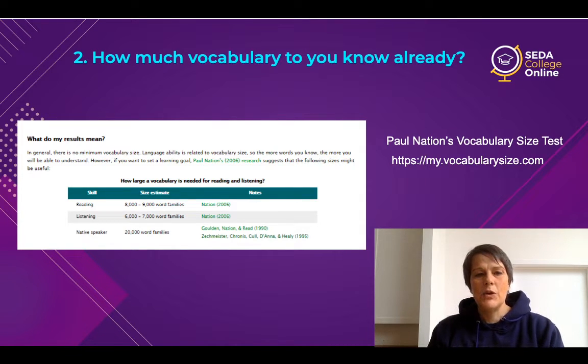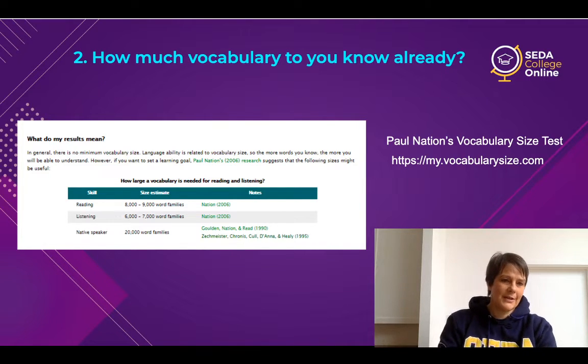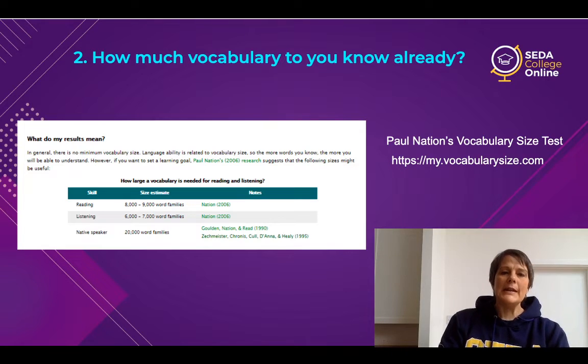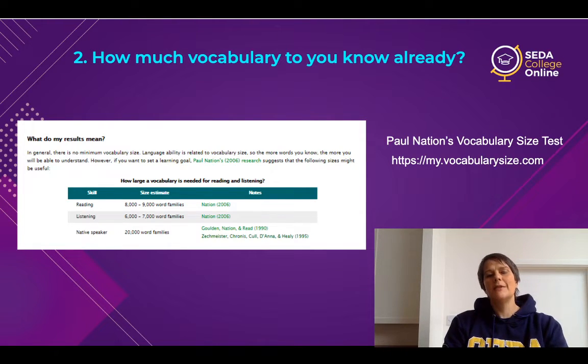And if you want to read and understand what you're reading, then you need to have 8,000 to 9,000. So this is not productive language. This is for reading and listening. So this is your receptive skills. So if you have a receptive knowledge of 9,000 word families, you are going to be successful in reading most things.